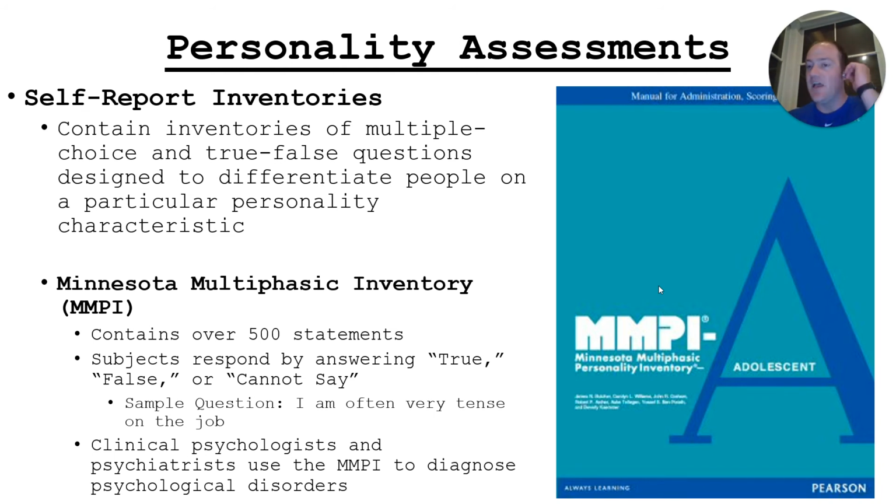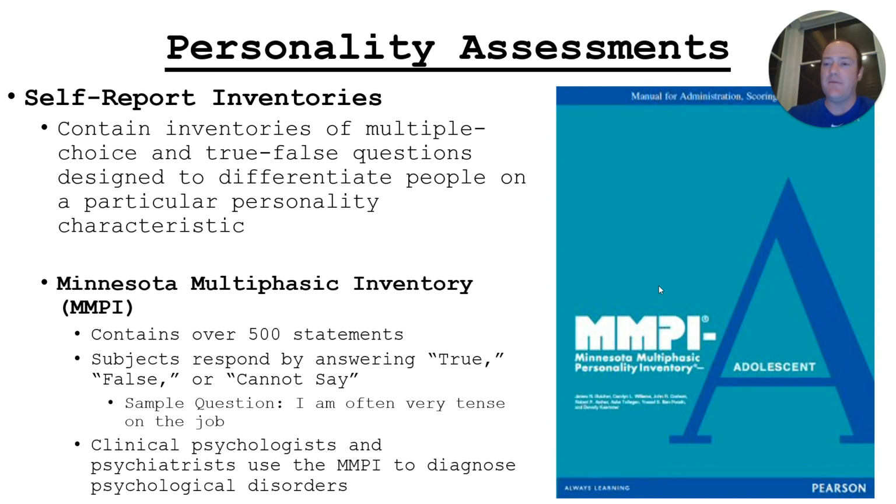There are all kinds of ways, and you're answering about yourself. Just like we talked about with surveys way back in unit 1, answering questions about yourself can be problematic, and you can see how it might be problematic here.